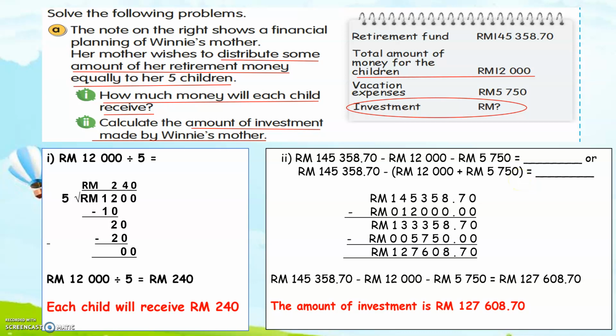You can try. The total fund minus the total amount of money for 5 children, and then minus the vacation expenses, and this is the value for the investment.